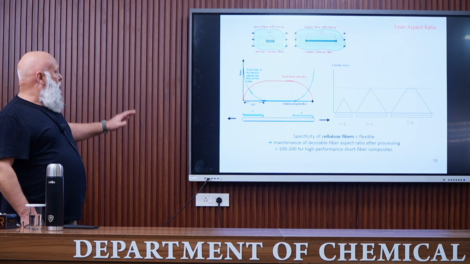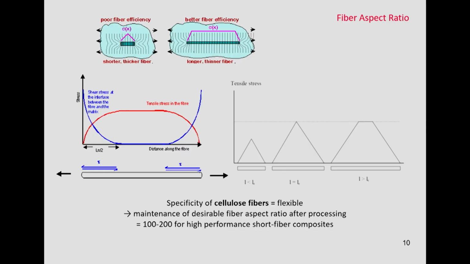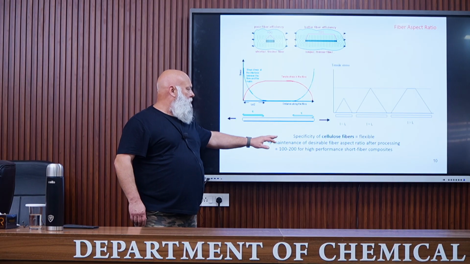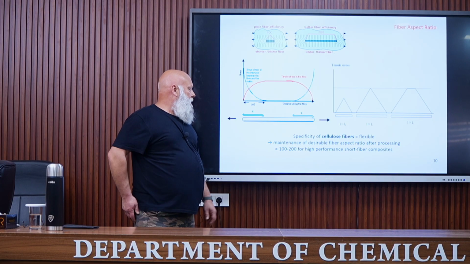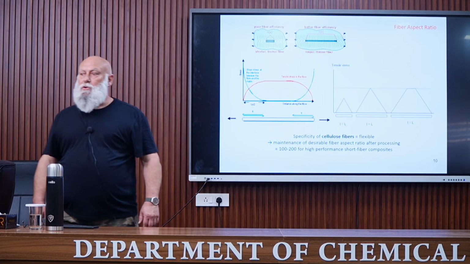Natural fibers are more flexible, meaning that we can keep the aspect ratio or the length of the fiber. Typically, for high performance short fiber composites, it's necessary to have an aspect ratio of at least 100.